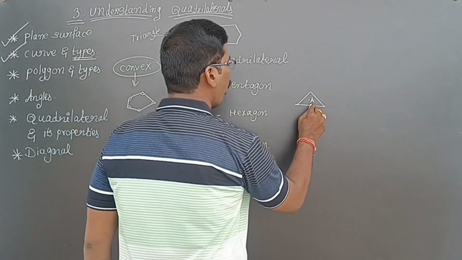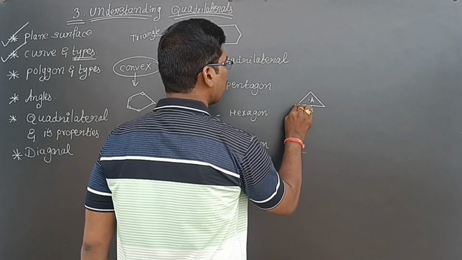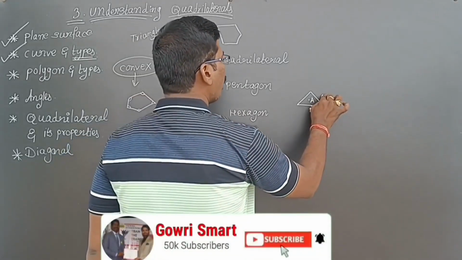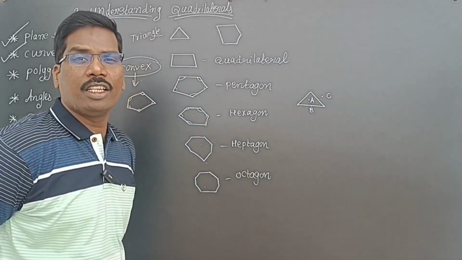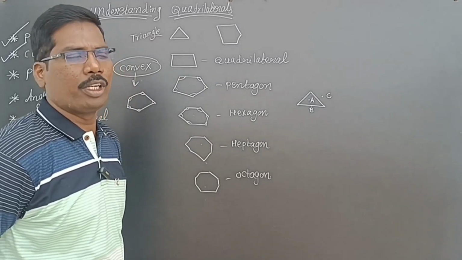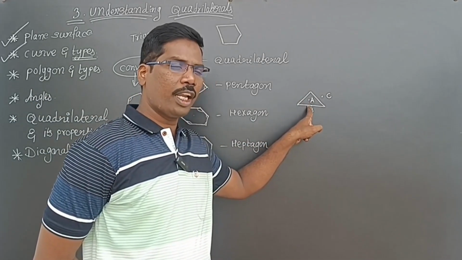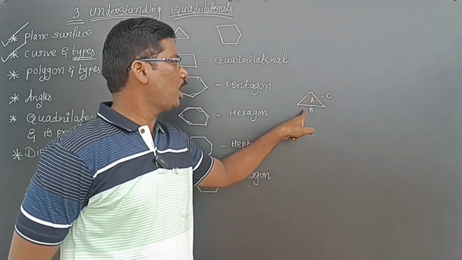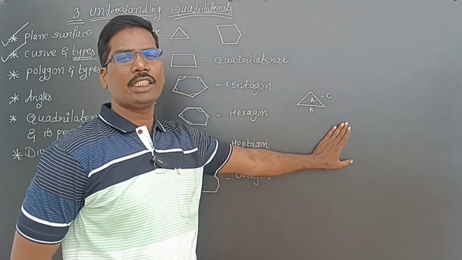If I take any point on the boundary of the triangle, that is called on the triangle. If I take any point outside of the triangle, that is called an exterior region point. So the total inside is called the interior region, and the total outside is called the exterior region.